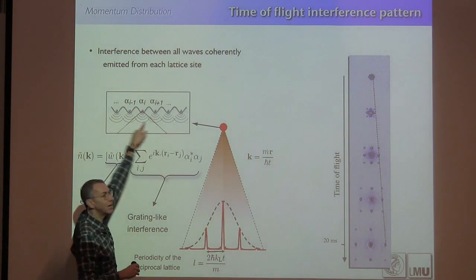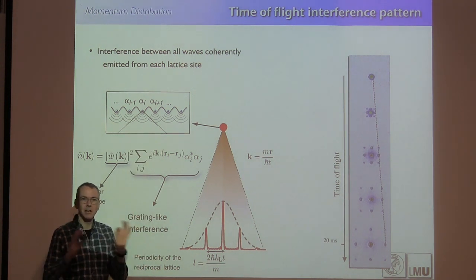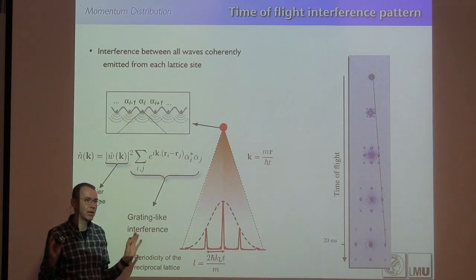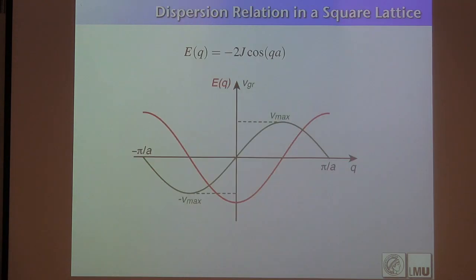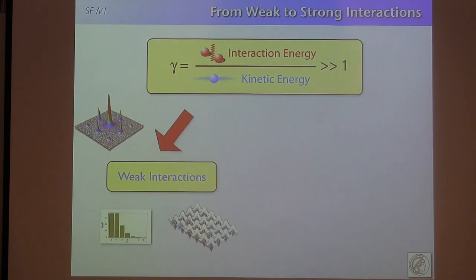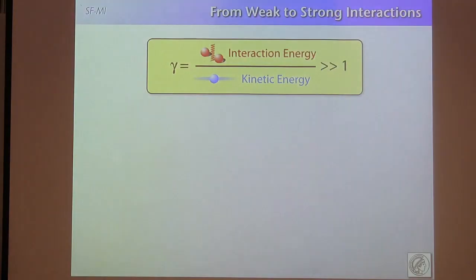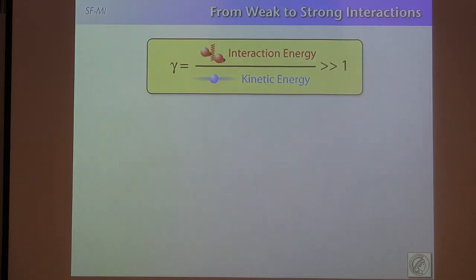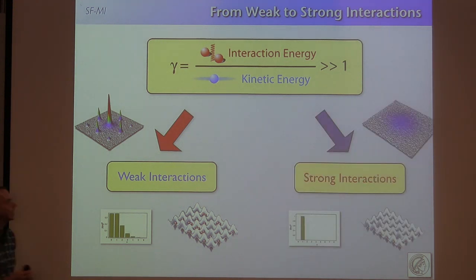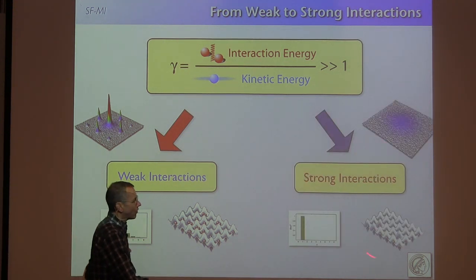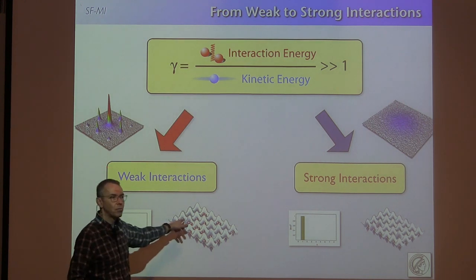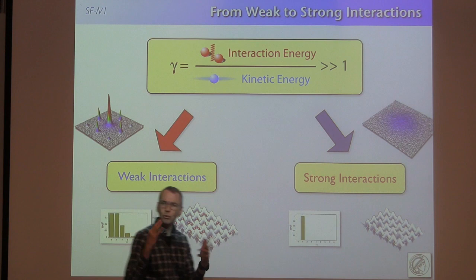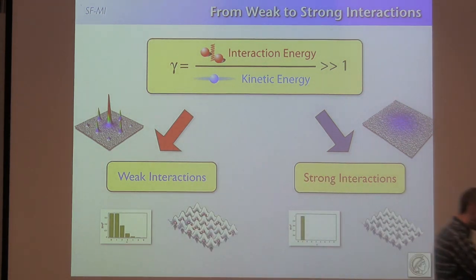And if you have many emitters with random phases, the interference pattern will vanish. You can check for yourself on a computer. If you have a large number of lattice sites, you will see that it vanishes very nicely. So you end up with a state that has no coherence, but order in particle space, whereas here we have a state which has coherence, but no order in particle space.